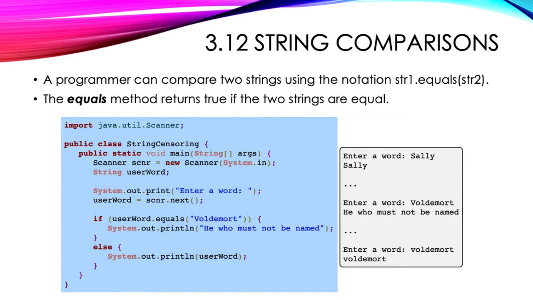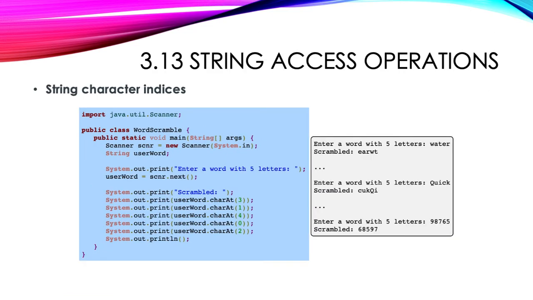Next, we have the string access operator. In this example they try to scramble the word. So for example, you enter water here, and out comes a scrambled word, where you can print the word characters individually.